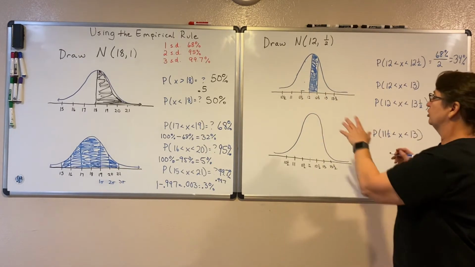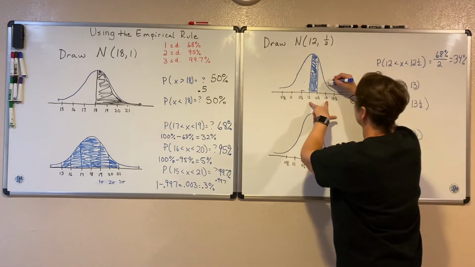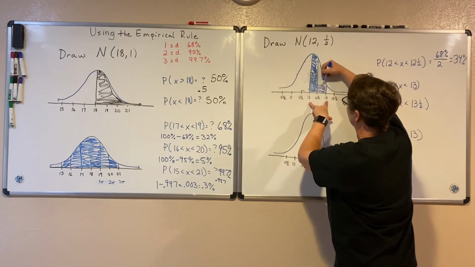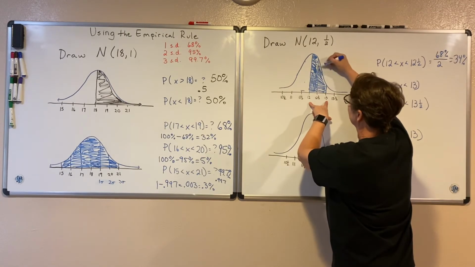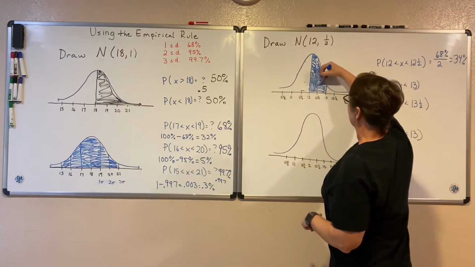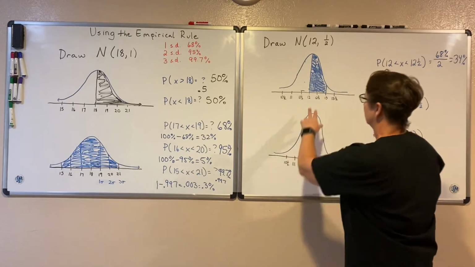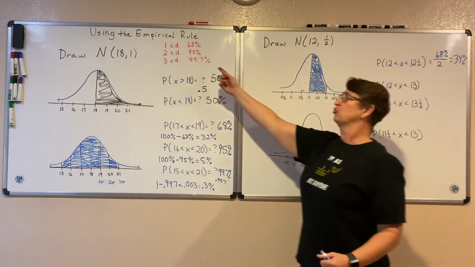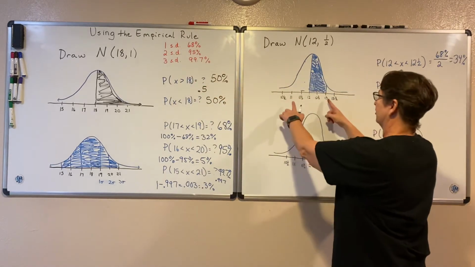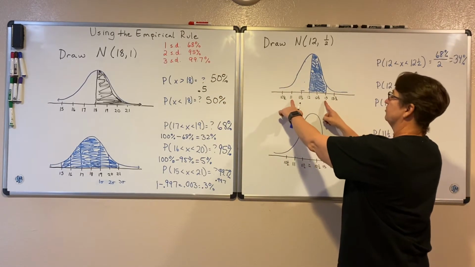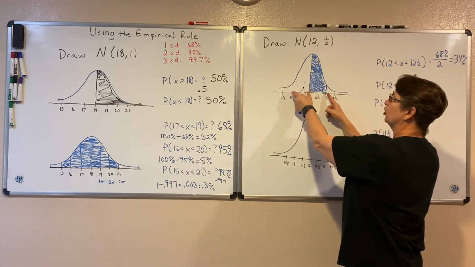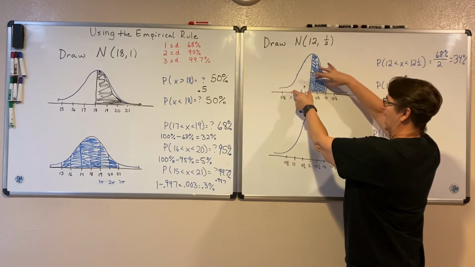Let's check between 12 and 13 then. I want to know how much area under my curve, or what's the probability I get a piece of data, what percent of my data is between 12 and 13. Well, again, looking at my empirical rule, if I go out 2 standard deviations, then I have 95% of my data, but I'm only looking at half of that.